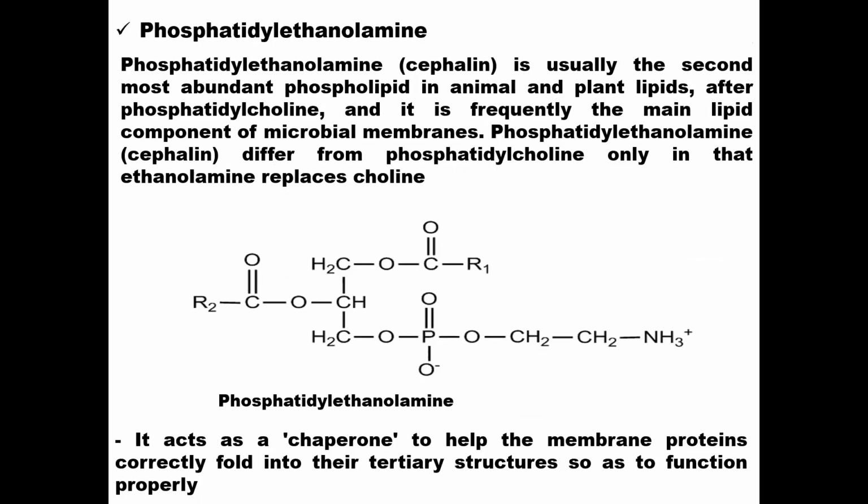So in the absence of this lecithin from the lungs of premature infants, it causes what we call respiratory distress syndrome, RDS. This is one of the substances that have been assayed for. They have been checked during infancy or during pregnancy before delivery.